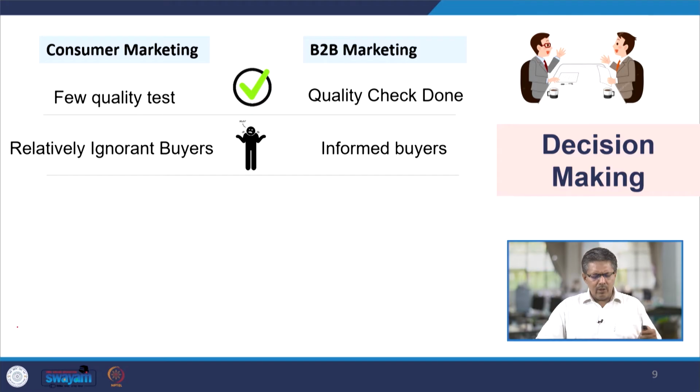As I said earlier, consumer buyers are ignorant because it is a standardized product; they do not worry about it and they trust a brand, for example HUL, Procter and Gamble or Marico. They trust it and they buy it.